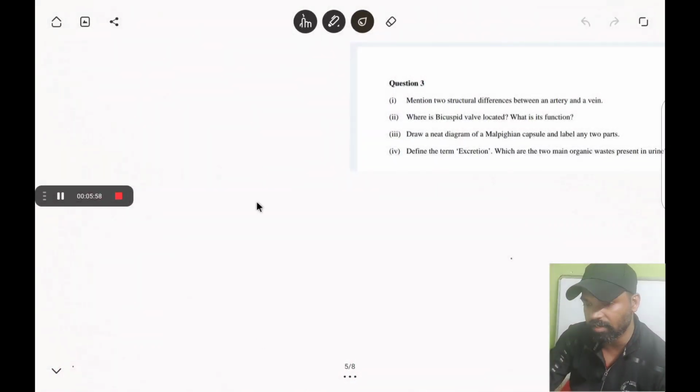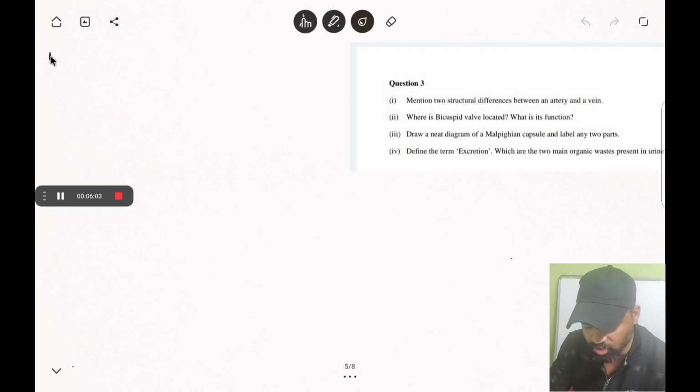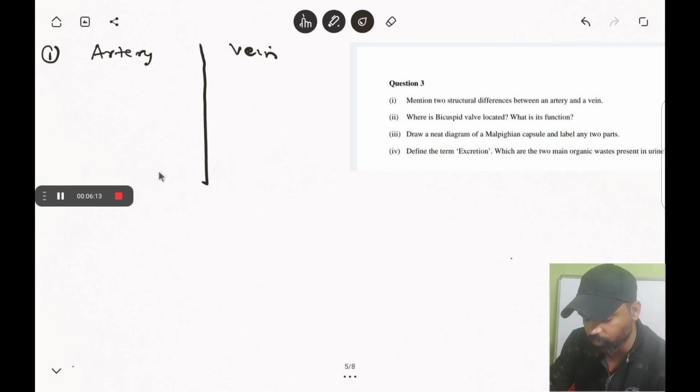Now let us look at question number 3. Mention 2 structural differences between artery and veins. Please don't write functional differences. Read the question carefully. Number 1.